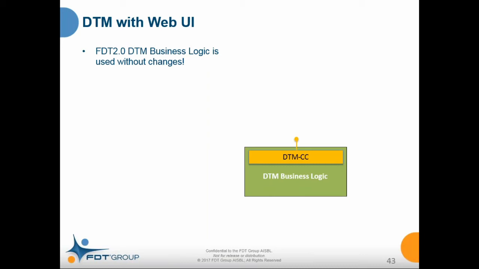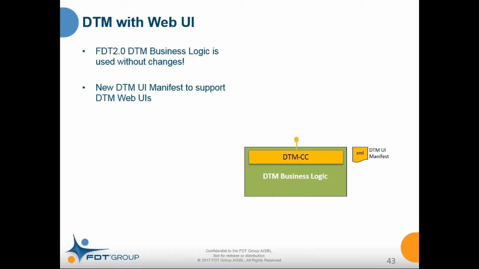First of all, the DTM business logic is still based on FDT 2.0, respectively 2.1, so the existing interfaces. There is nothing changed here. It's not needed to extend the FDT interfaces at the business logic. So we can reuse that.